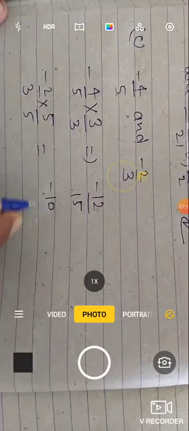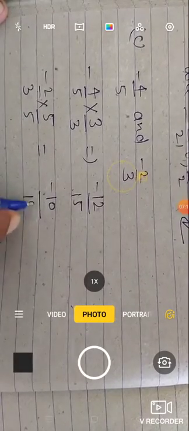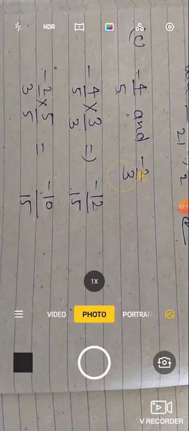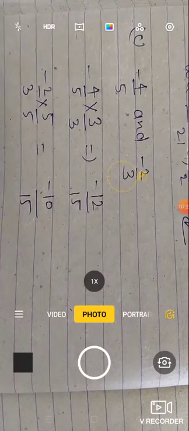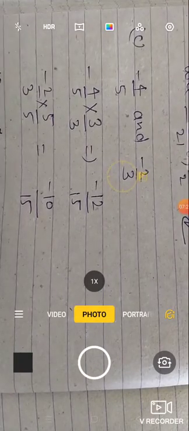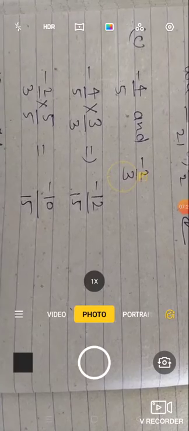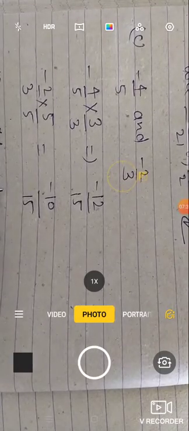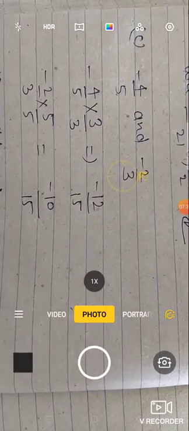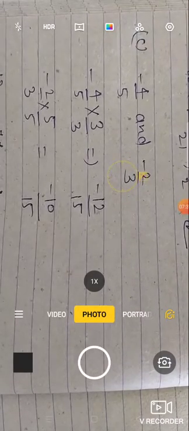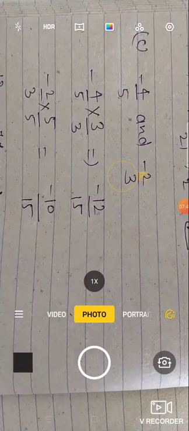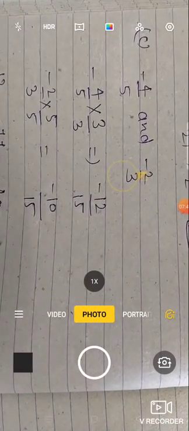So that is -10 and that is 15. So between, we have -12/15, -11/15 and -10/15. So we want to find 2 values, but we have available only 1 value.